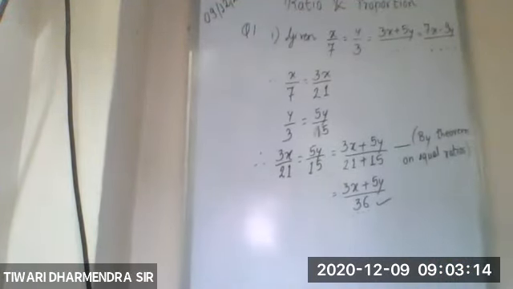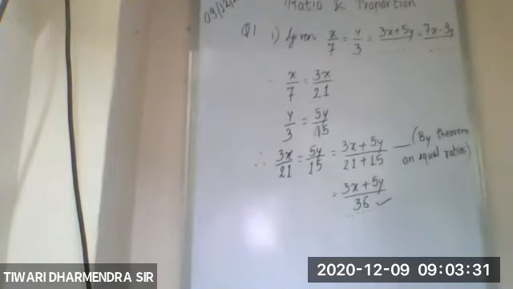Now we'll move to the next. As the requirement says, we require 7x, which means x should be multiplied by 7 in order to get 7x, and we require 9y, so we should multiply 9 to y.